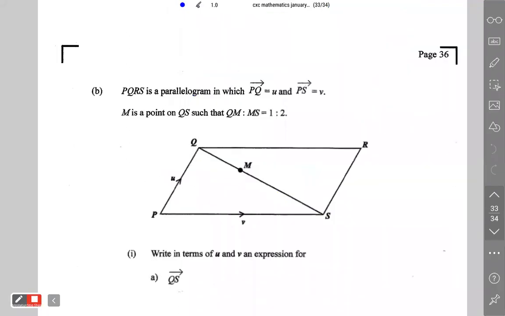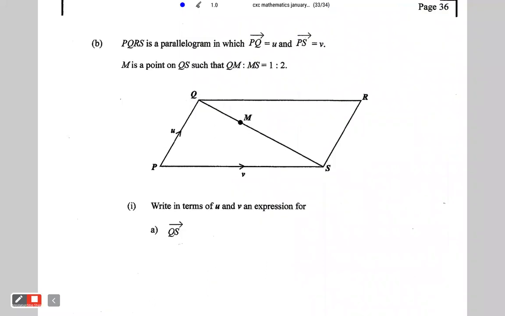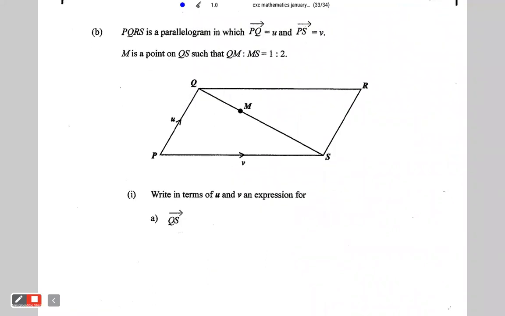Now the vector part of the question. This says PQRS is a parallelogram in which the vector PQ is U, the vector PS is V, and M is a point on QS such that the ratio of QM to MS is 1 to 2.